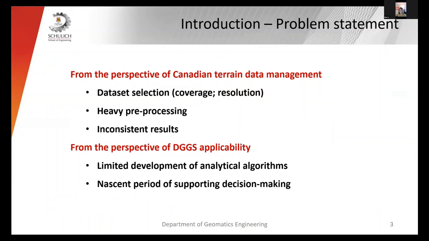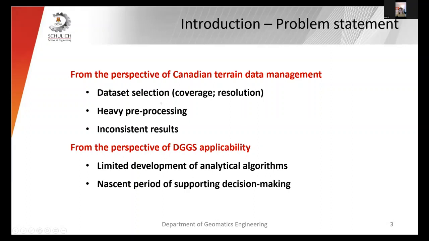The research problem we've been facing can be summarized from two perspectives. From the perspective of Canadian terrain data management, as I just mentioned, there are multiple data sets that the end user can choose from.